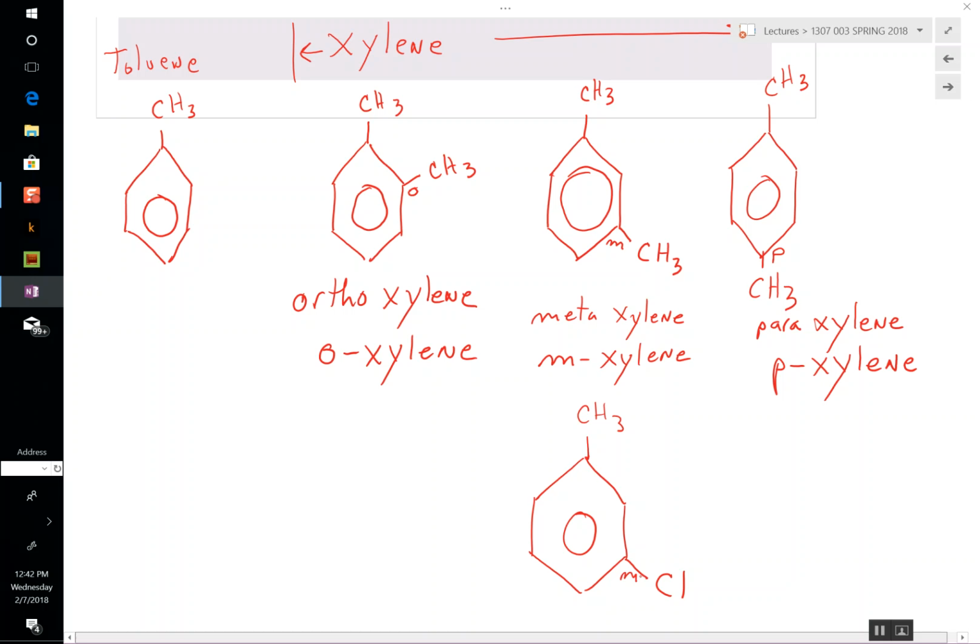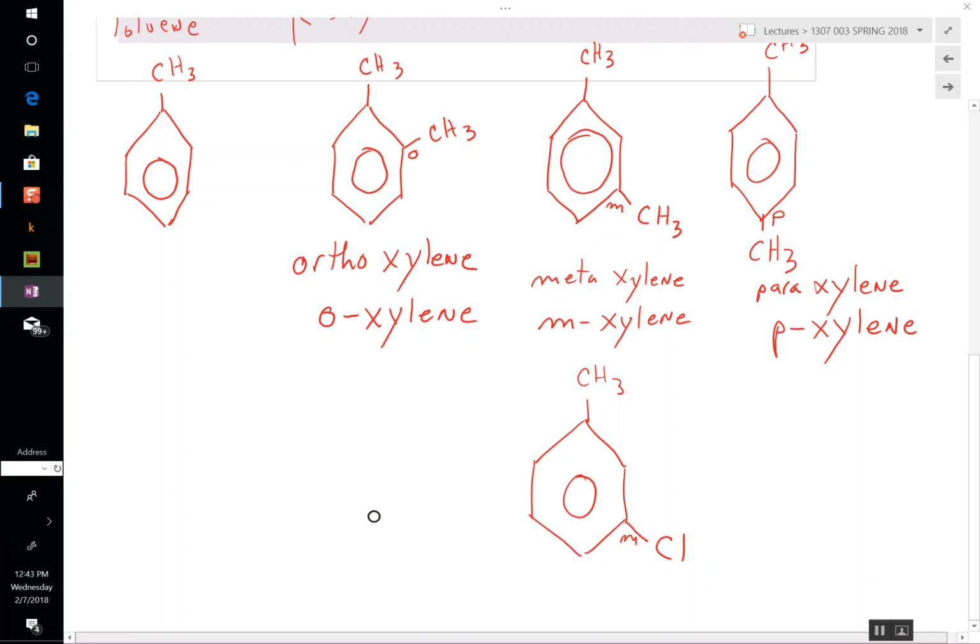When we have two things on there, we're going to name the thing, and then if it's in the ortho, meta, or para position, we could use the ortho, meta, or para. So this would be called metachlorotoluene.